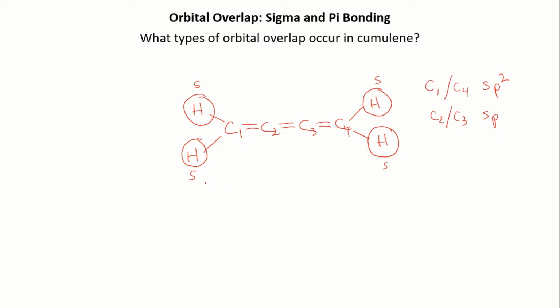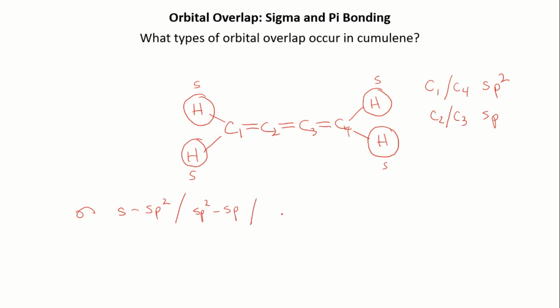For the sigma bonds, starting left to right, we would have the s orbital on hydrogen overlapping with the sp2 hybrid orbital on carbon 1. Then carbon 1 to carbon 2: carbon 1 is sp2, and that would be overlapping with an sp orbital on carbon 2.